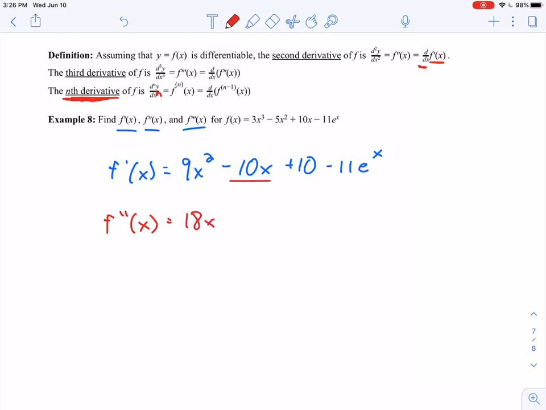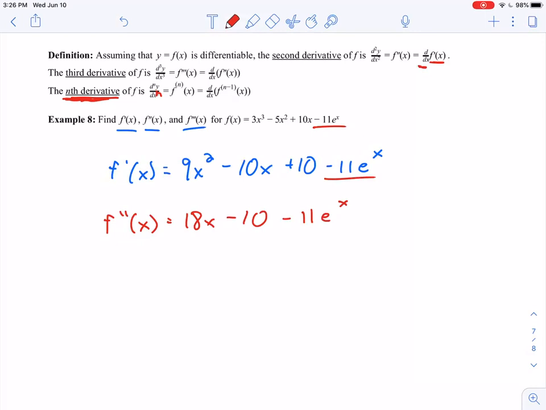Derivative of negative 10x, that'll be minus 10. Derivative of 10, that's a constant, so that's going to be 0. That term drops off. Derivative of negative 11e to the x, the derivative of e to the x is simply e to the x, so minus 11e to the x.